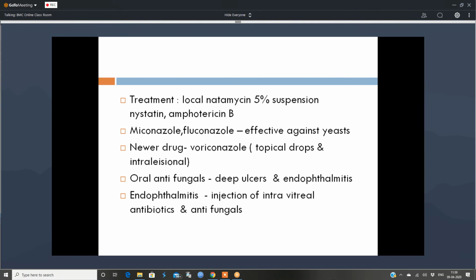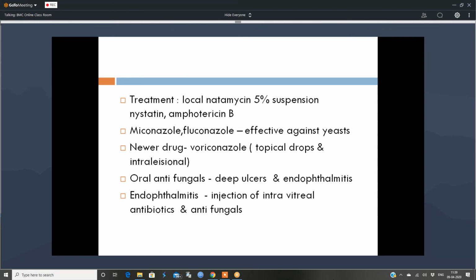These days, a newer drug called voriconazole is being used, and it is giving very good results. When the fungus is resistant to natamycin or nystatin, it usually responds to voriconazole.